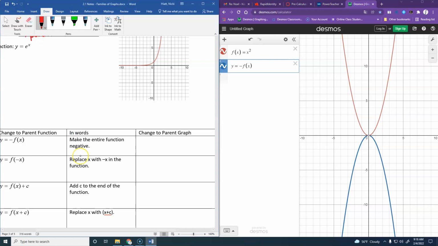So this is going to be a reflection over the x-axis.